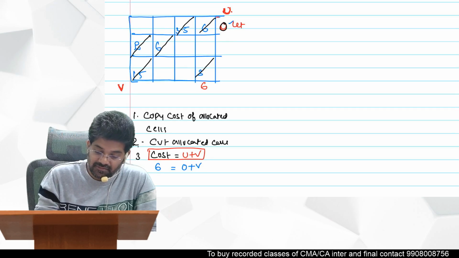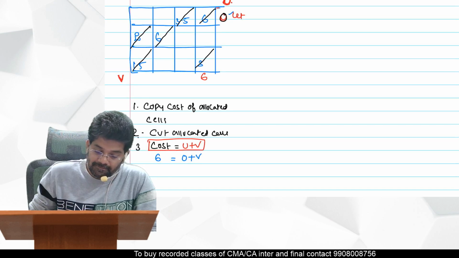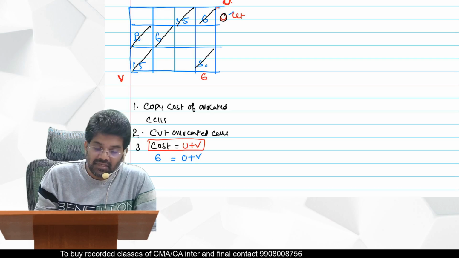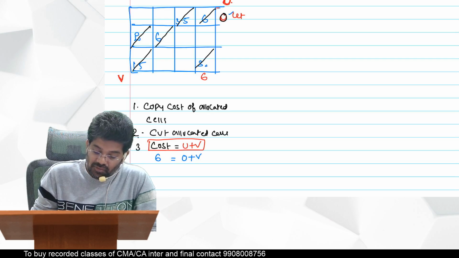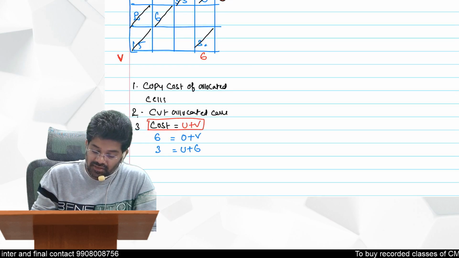Next. Second one, we got 3, so my cost is 3. U value I don't know, but V value I know is 6. So tell me what is the U value here? U value is minus 3.